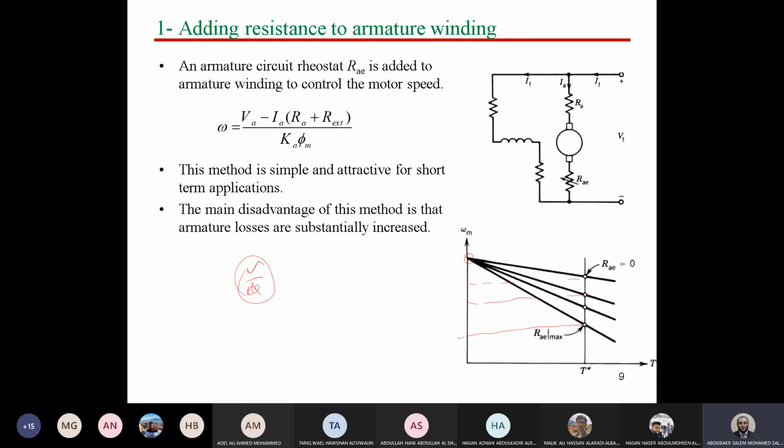In the induction motor, you have two circuits, stator and rotor, and instead of dissipating the energy in the added resistance, we thought to return this energy to the supply. However, here you have only one circuit, and this circuit is already connected to the supply. So it's meaningless to think about replacing the added resistance by returning the energy to the supply, because it's already connected to the supply.